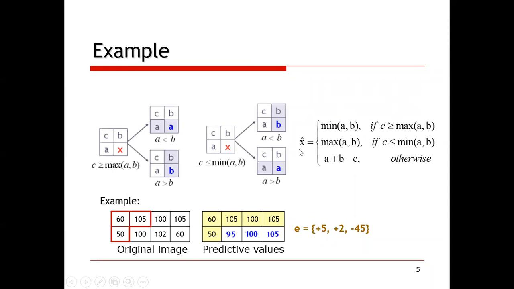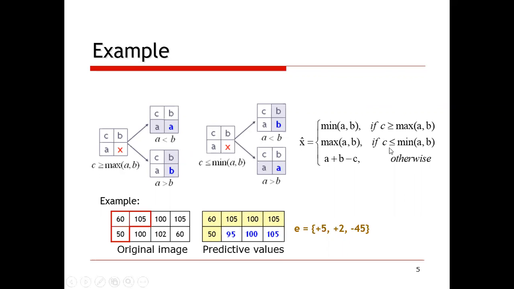x bar. So here, if a pixel x is given and the neighboring pixels of the given pixel x are a, c and b, how will you predict the value of the given pixel x, that is known as x bar? Our formula is that if c is greater than or equal to max of a, b, then x bar becomes the minimum of a, b.